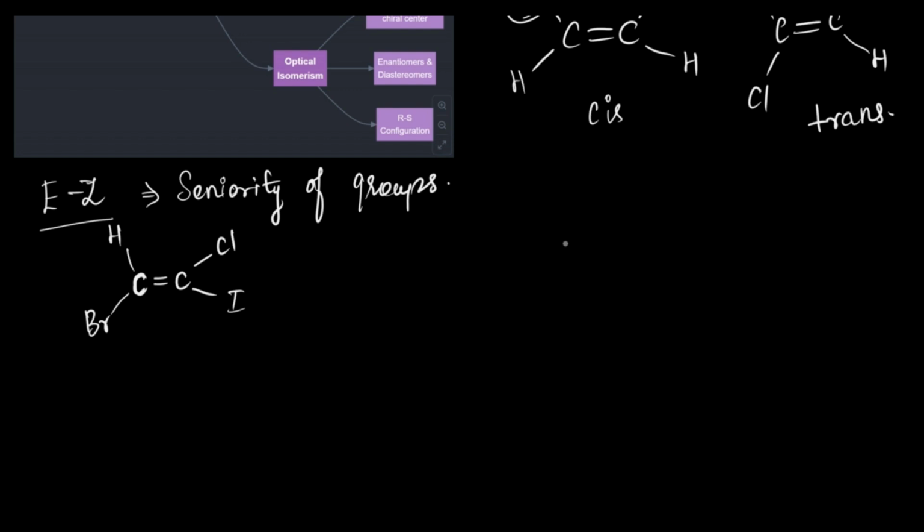Among these two, which is having the highest atomic number? Of course, bromine. So I'm ranking it 1. Hydrogen will get second rank. Considering another carbon, Cl and I, which is having the highest atomic number? Obviously, iodine. So first rank goes to iodine and the second rank goes to chlorine, right?